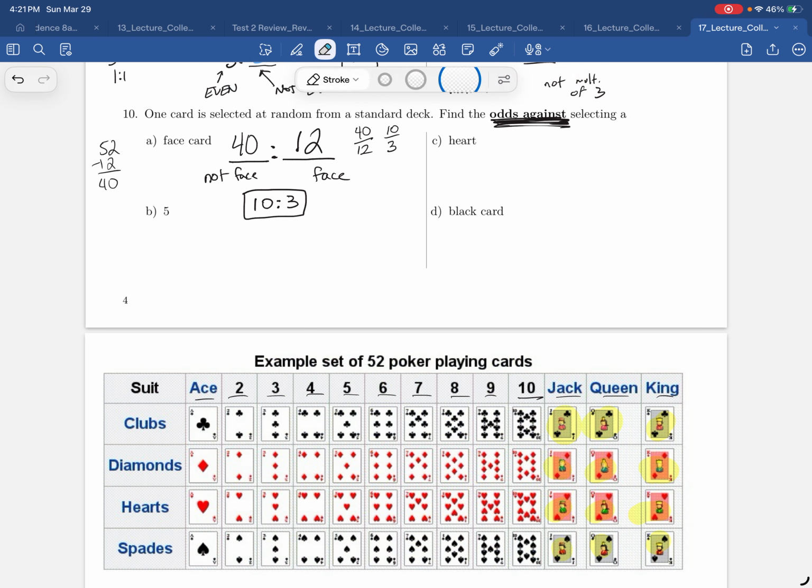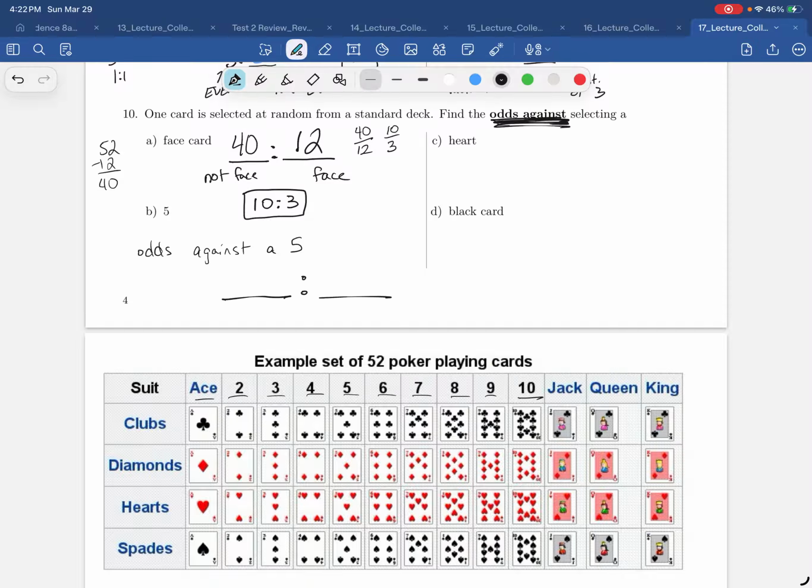Next, we've got the odds against a 5. So when we do this, these are the not 5s here, and these are the 5s. Again, it's probably easier to look at this and say, I can see that there's 1, 2, 3, 4 5s. So I'll put 4 here for the 5s.